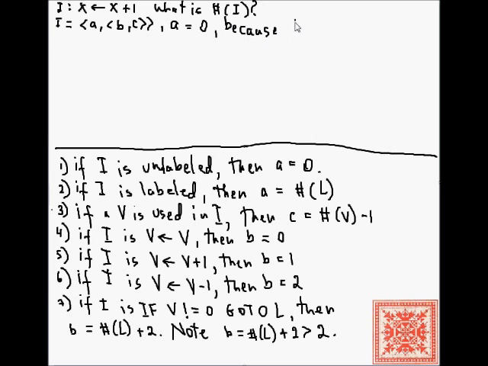It's an unlabeled instruction, so there's nothing to the left of the X. Now, what's the value of B? B is 1, because the instruction is of type addition, the increment.